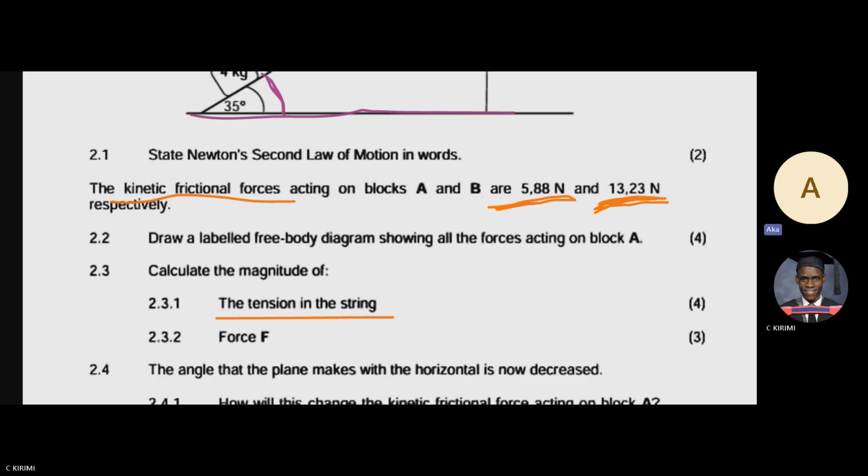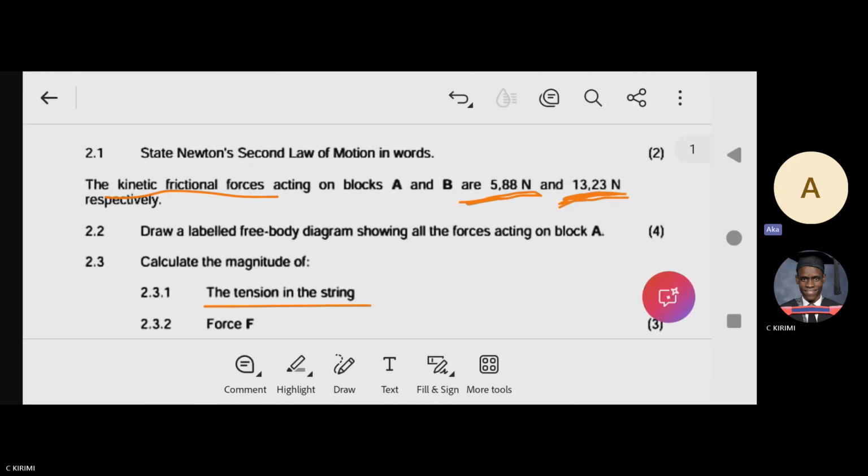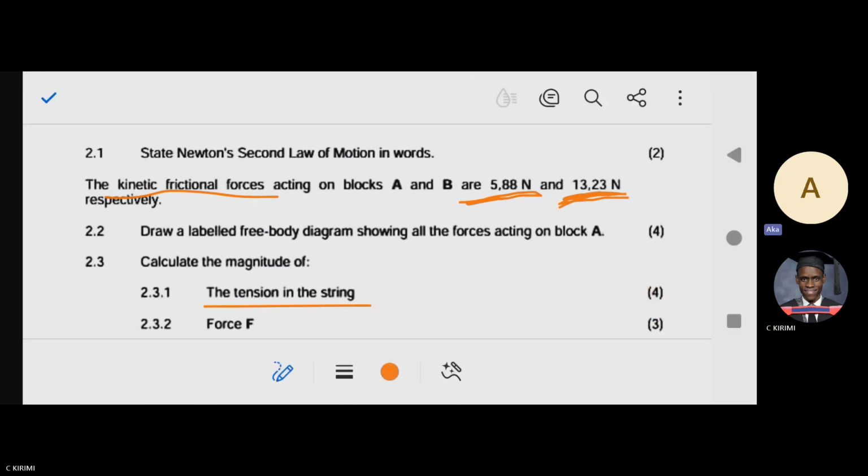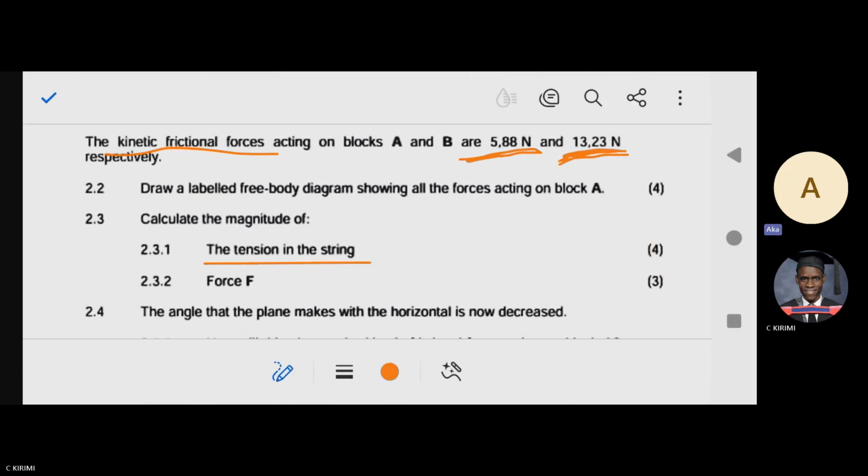Yeah, so I got 118 comma 18 newtons. That is the force.